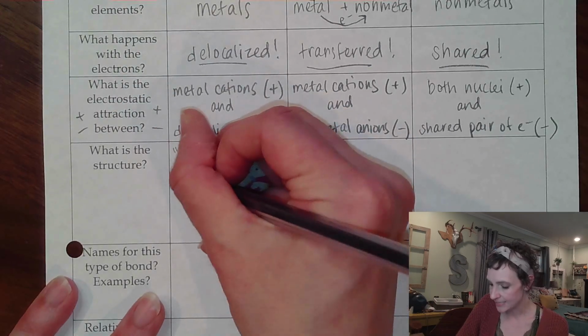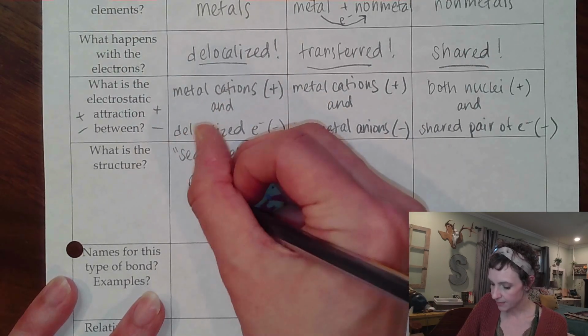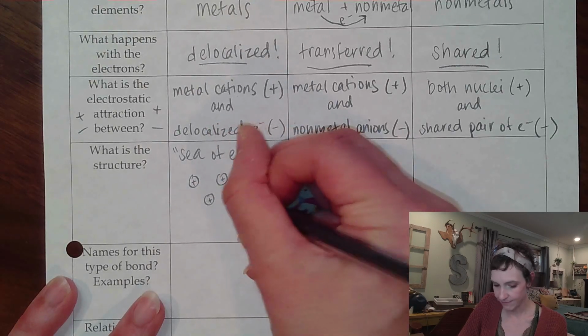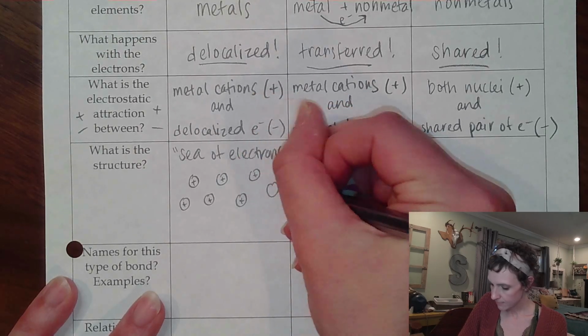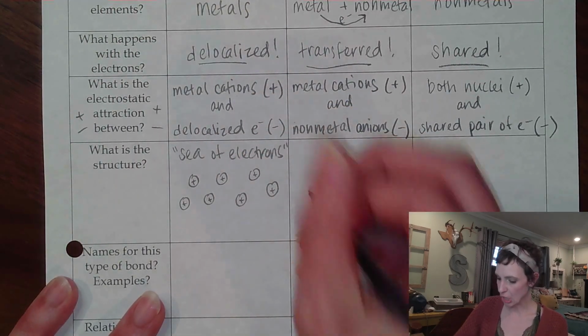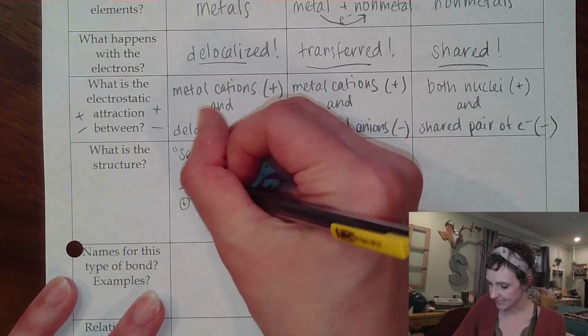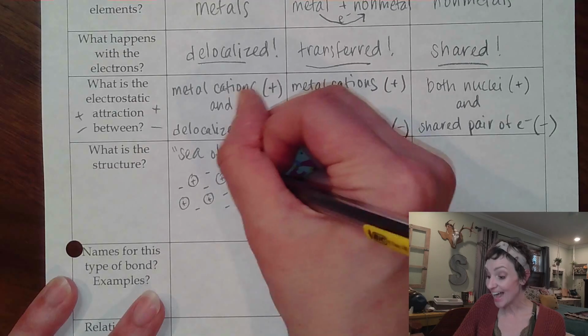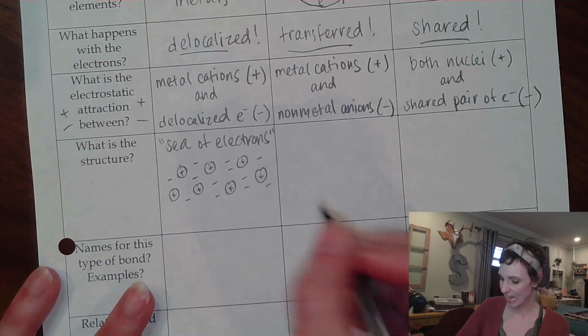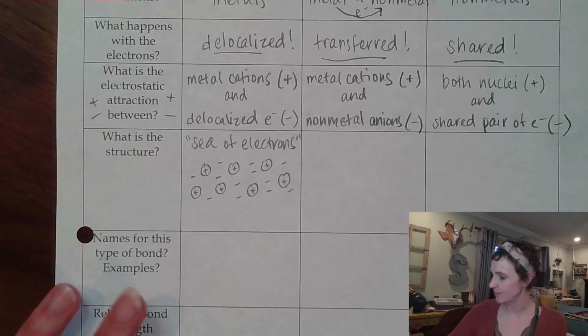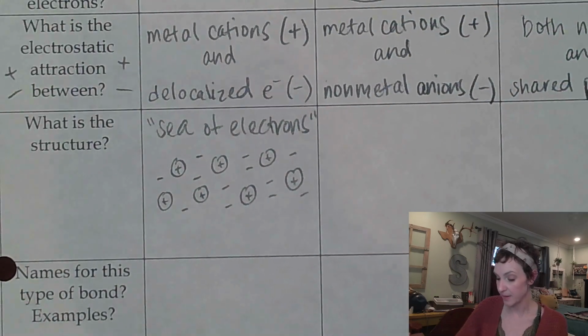It is the positive metal cations hanging out, right? And we are going to draw little minus signs showing those electrons floating around, right? And so we're going to label one of the positive guys. I'm going to zoom in a little bit so we can see a little bit better.